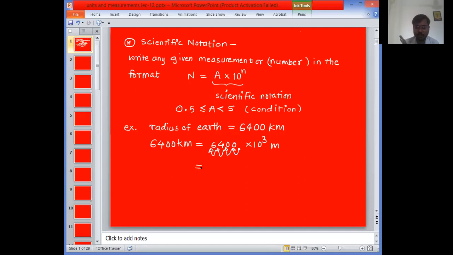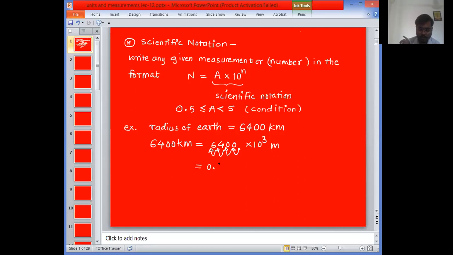Try to understand: point moving left, once, +1. Twice left, +2. If you shift the point 3 times towards left, +3. If you shift the decimal point 4 times towards left, +4.